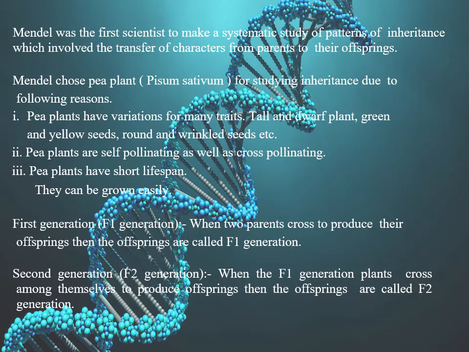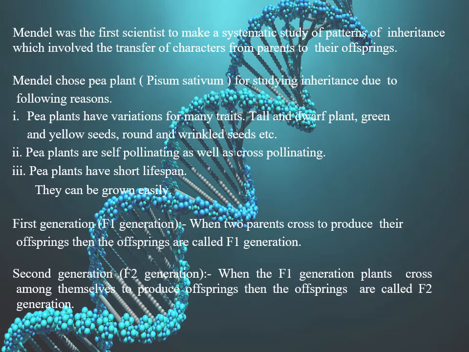The second is that pea plants can be self-pollinated as well as cross-pollinated. The next, one of the most important traits of the pea plant, is that it has a short lifespan.